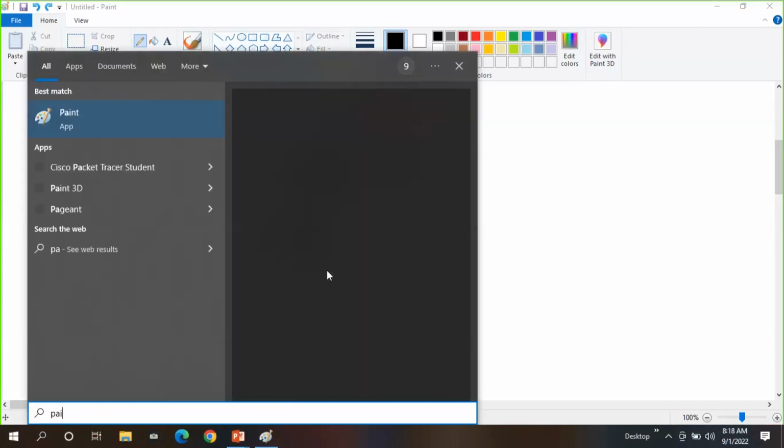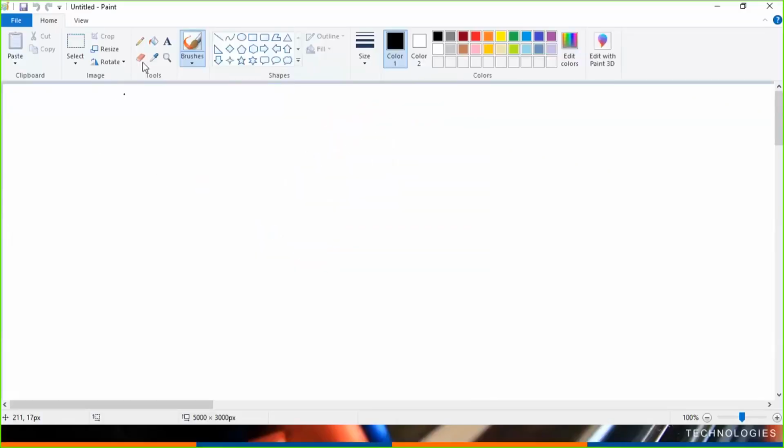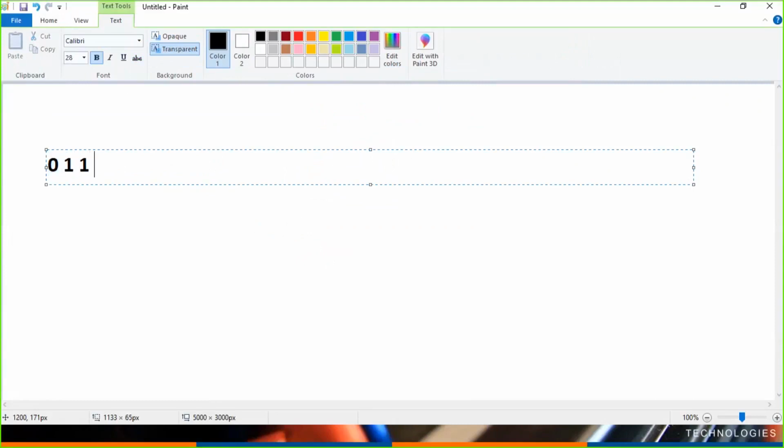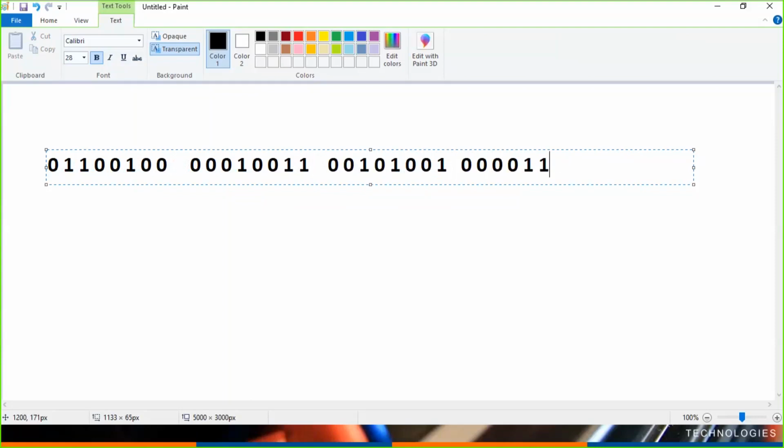I'm just taking some random bits, numbered 1, 2, 3, 4, 5, up to 32.